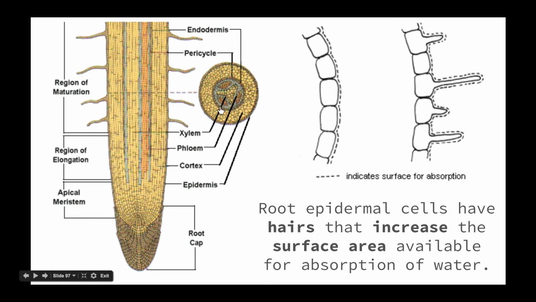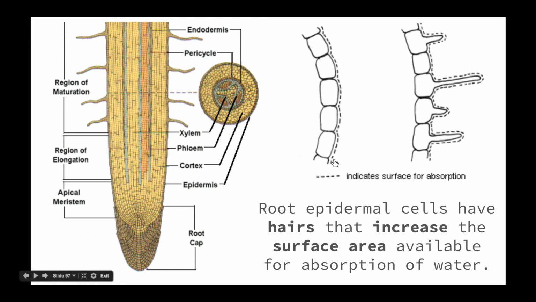The vascular tissue is found in the center of the root, okay, with our xylem forming almost a perfect X shape in the middle, and then the phloem vessels being found inside those. We can see that our root cap is on the very end to protect these newly forming cells at the base of the root.